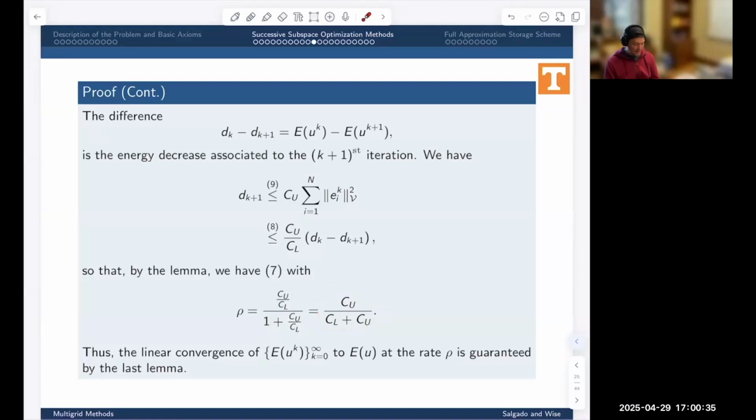So that guarantees the linear convergence of this sequence to E(u) because of what we had in 6. This must converge to E(u). That's the only possibility. And the rate rho is guaranteed by the last lemma.